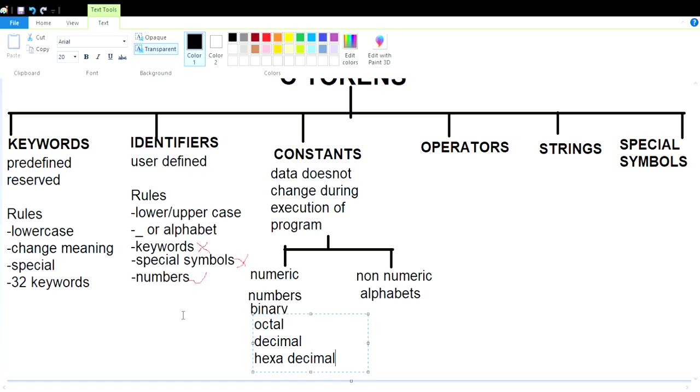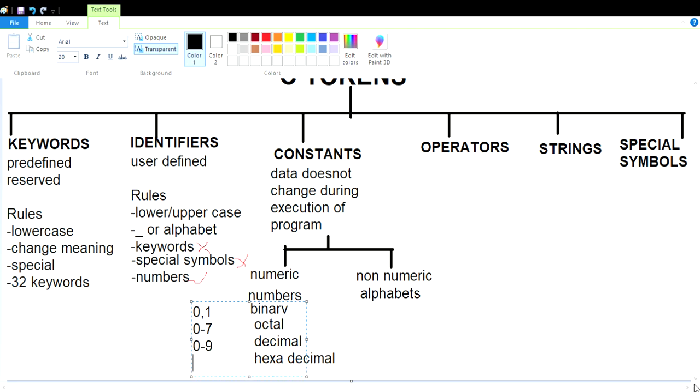Binary numbers are 0 and 1. Octal means 0 to 7: 0, 1, 2, 3, 4, 5 and so on up to 7. Decimal means 0 to 9.